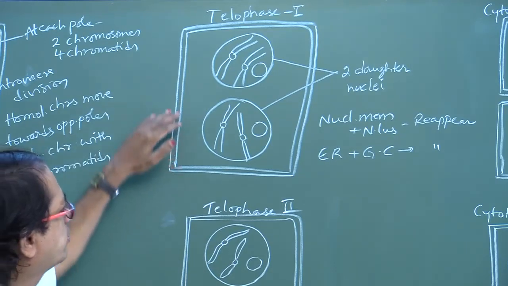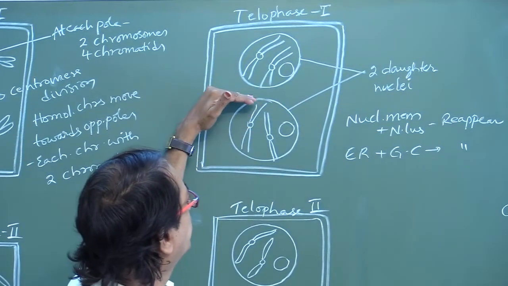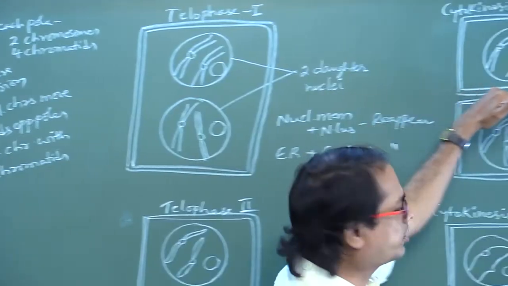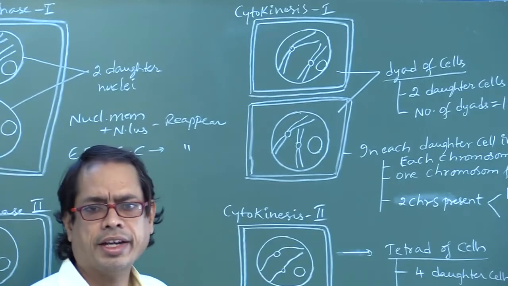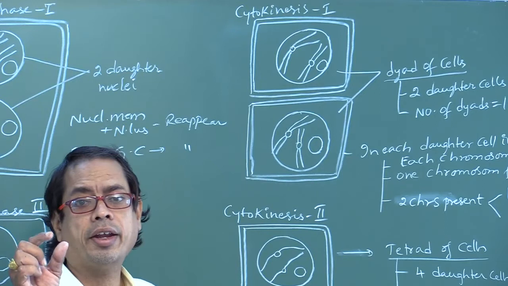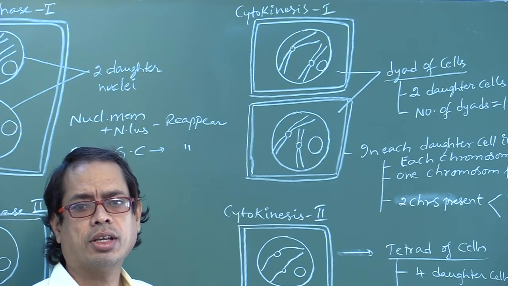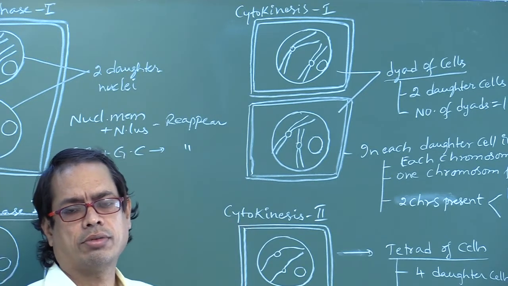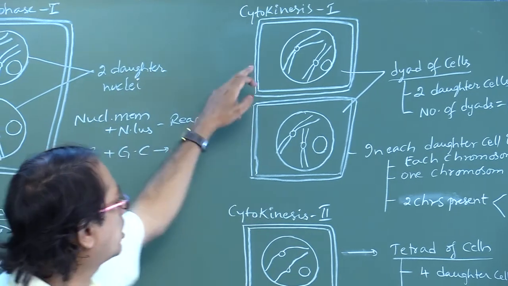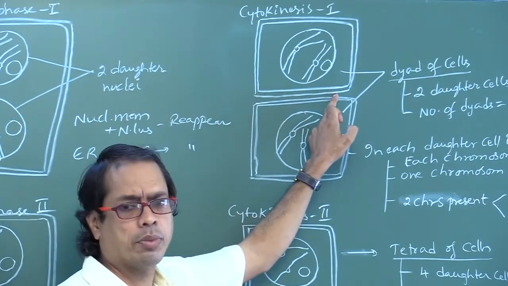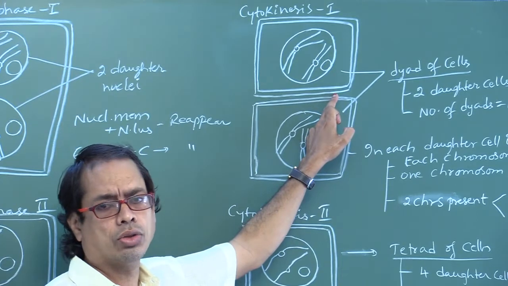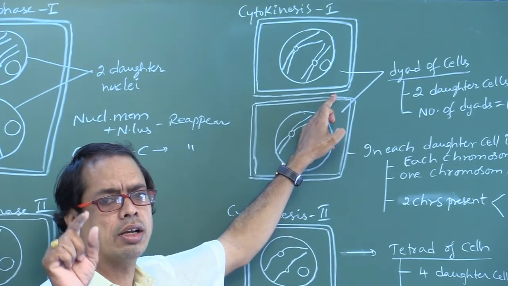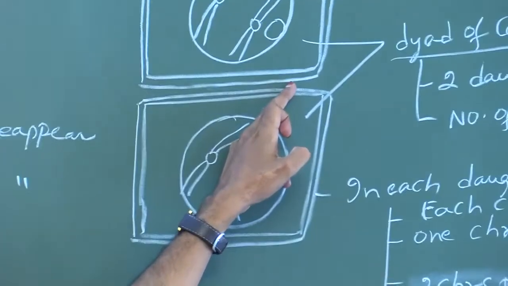Next one, cytokinesis. In plant cells, it occurs by the cell plate method, in a centrifugal manner. In between the 2 daughter nuclei, Golgi vesicles come to the equatorial plate. Those Golgi vesicles fuse together and form the cell plate.